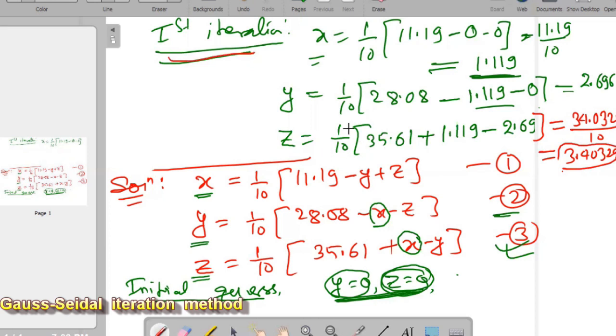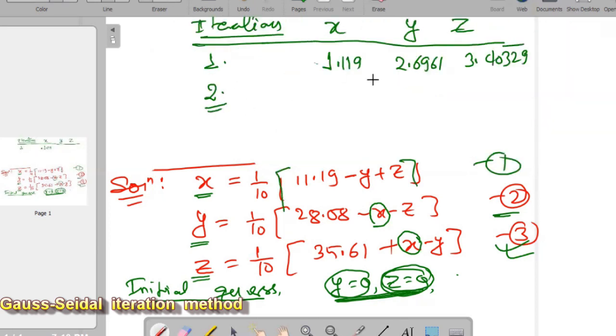We use the values of x and y from the first iteration to find the value of z. Now x in the second iteration: we use the values of y and z in the first equation to find the value of x.